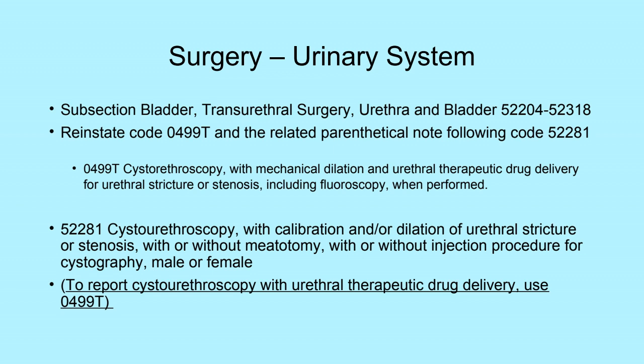So 52281, cystourethroplasty with calibration and or dilation of urethral stricture or stenosis, with or without myotomy, with or without injection procedure for cystography, male or female. The parenthetical added back says to report cystourethroplasty with urethral therapeutic drug delivery use 0499T. 0499T is cystourethroplasty with mechanical dilation, urethral therapeutic drug delivery for urethral stricture or stenosis, including fluoroscopy when performed. So this was taken out and then it was put back.